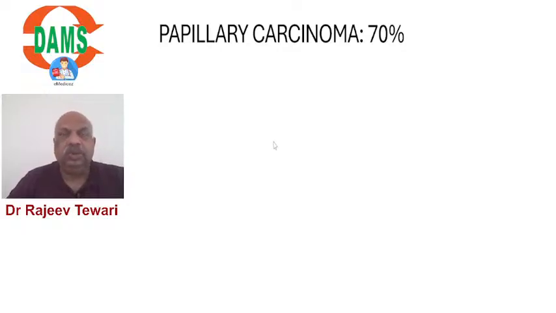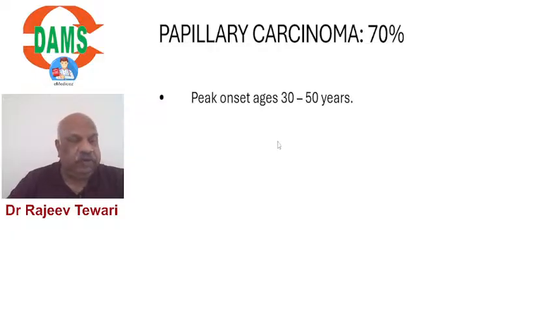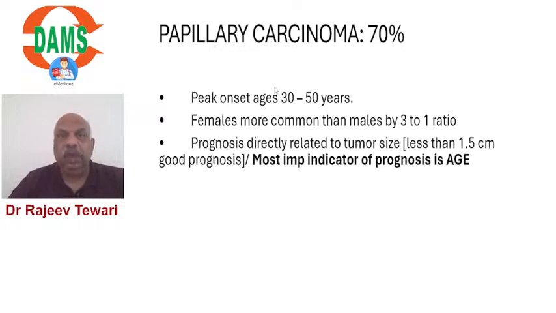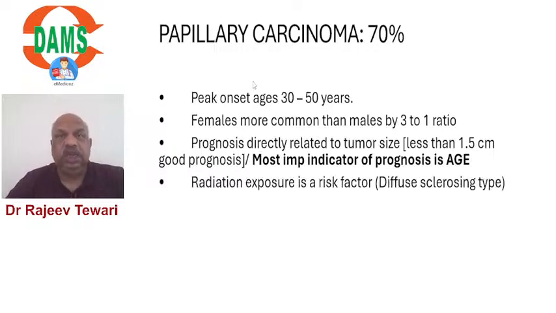This is the most common cancer of thyroid, having the best prognosis, peak age 30 to 50 years. No, papillary is not unifocal. 80% of papillary is multifocal. Female more common, prognosis mostly related to tumor size, and age is the most important, not node. Radiation exposure is a factor, but remember, low dose radiation.